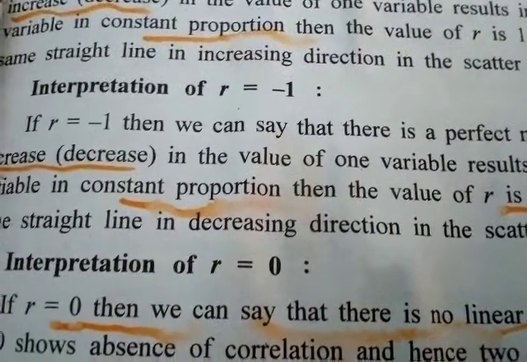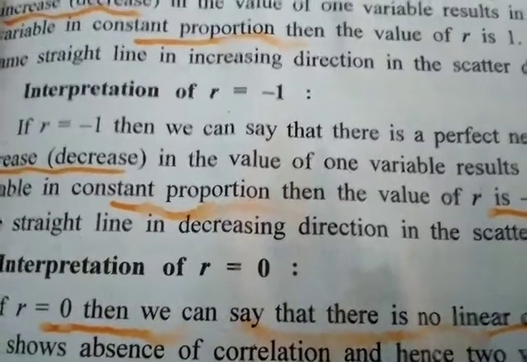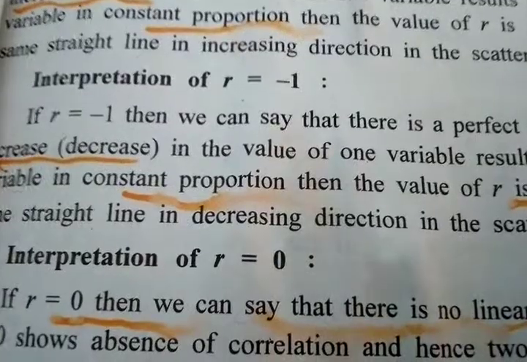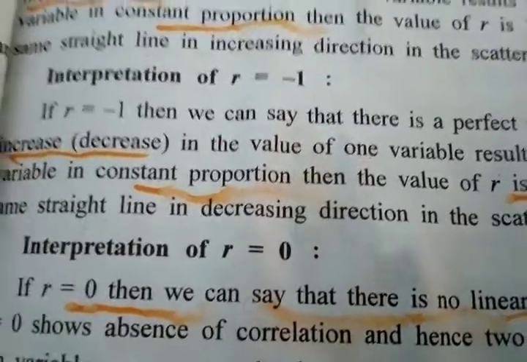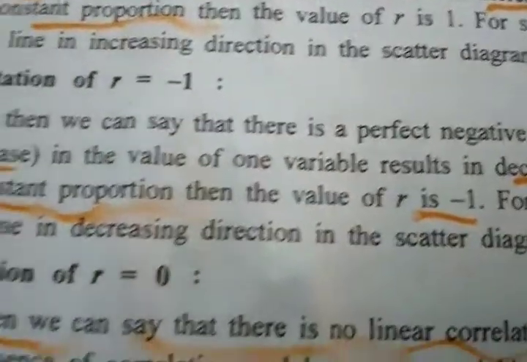That means when one variable increases, the other variable decreases in a particular proportion, and when one variable decreases, the other variable increases. So it's a case of perfect negative correlation, where r equals minus 1.